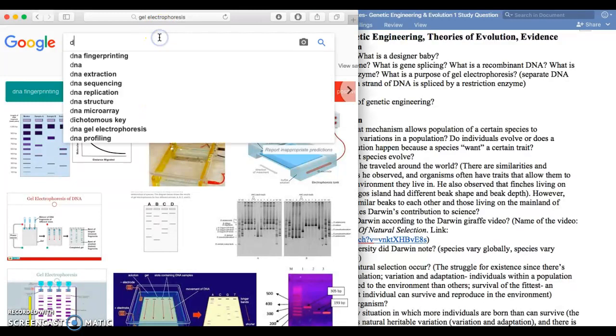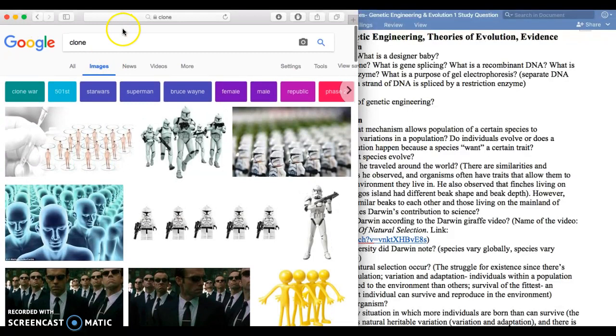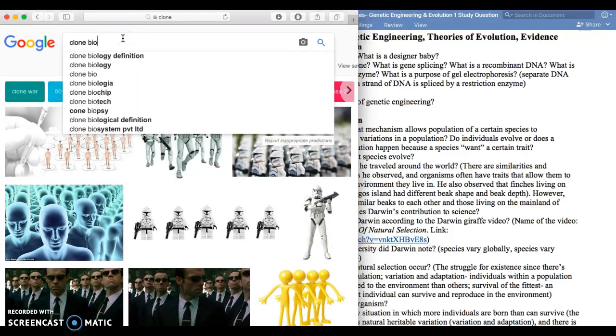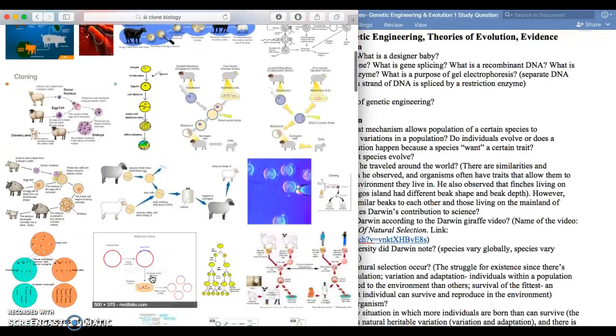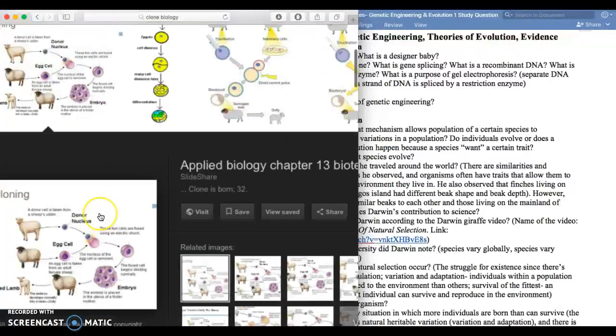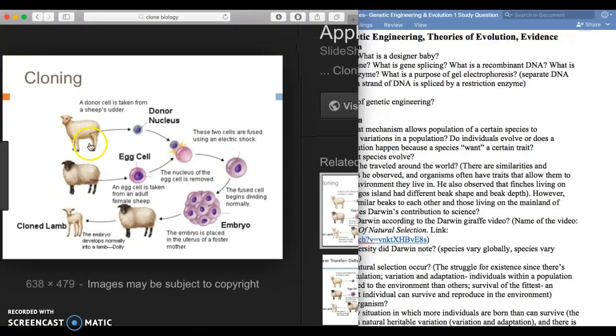If you look up a picture for cloning, all right, let's look at this picture that we saw in class the other day. We have this sheep. What this sheep is doing is donating the nucleus of a cell.